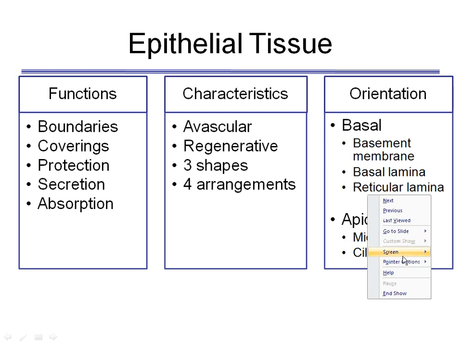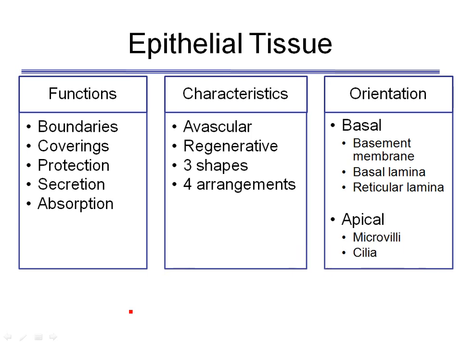Lastly, epithelial tissue has orientation. If I draw a line that represents a structure called the basement membrane, that's the deepest surface of epithelial tissue. Then we would have cells, maybe 1 layer, maybe more than 1 layer, but we'd have cells. Let's put some nuclei in our cells.